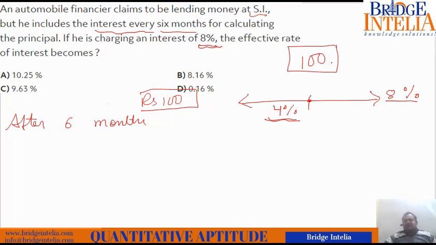So he calls his customer and tells him that now I will change the principal amount. I will add this interest to the amount and then recalculate for the remaining year. So this is what he is doing. He changes the principal amount midway.